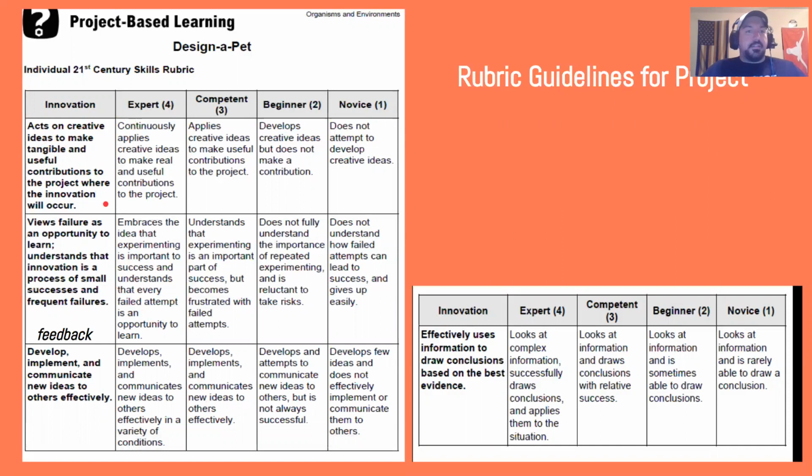Acts on creative ideas to make tangible and useful contributions to project where the innovation will occur. Okay. Now, this first one and this second one are going to be pretty much tied into one another. And I'll explain as to what exactly I'm talking about. Views failures, that's a harsh word, but views failure as an opportunity to learn, understands that innovation is a process of small successes and frequent failures.